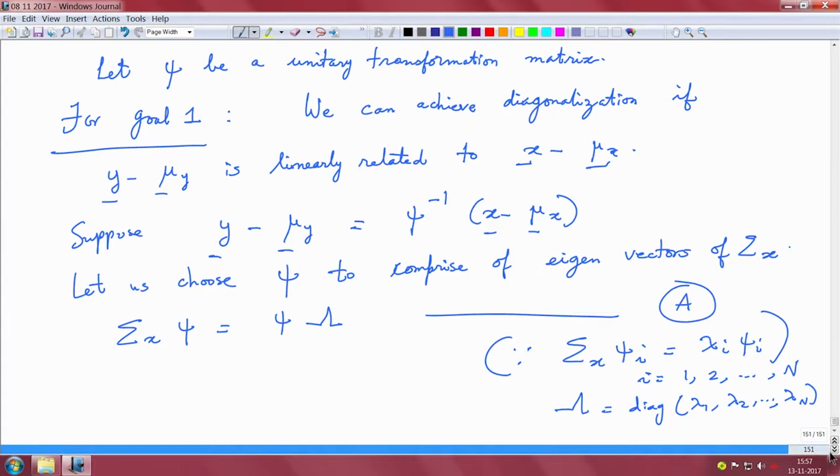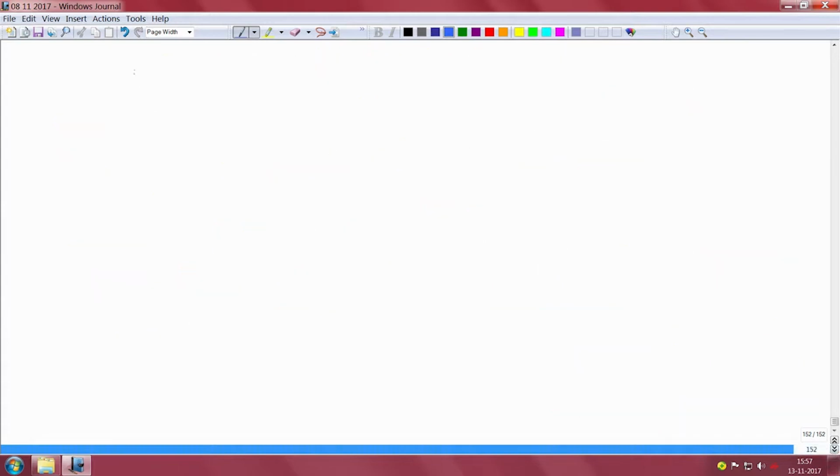Now, sigma y is psi inverse sigma x times psi. This is not too difficult to solve, right.